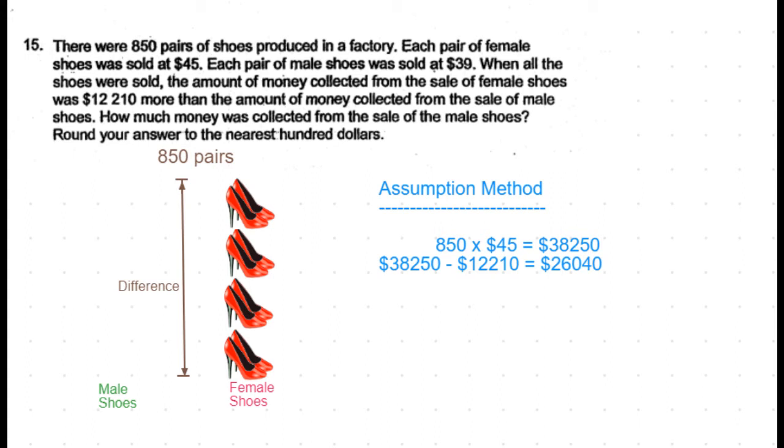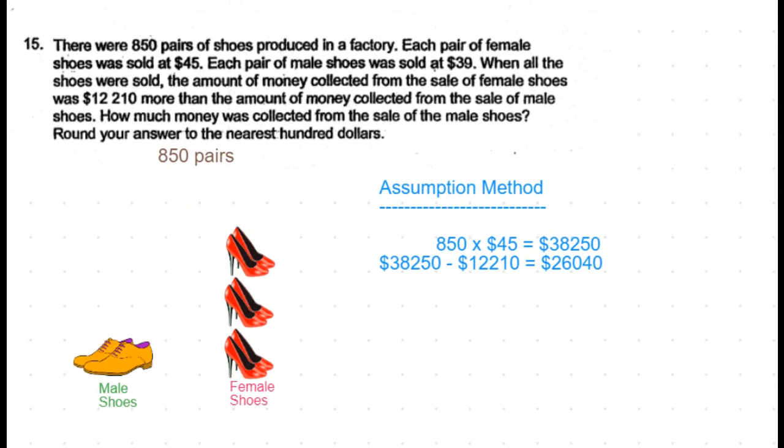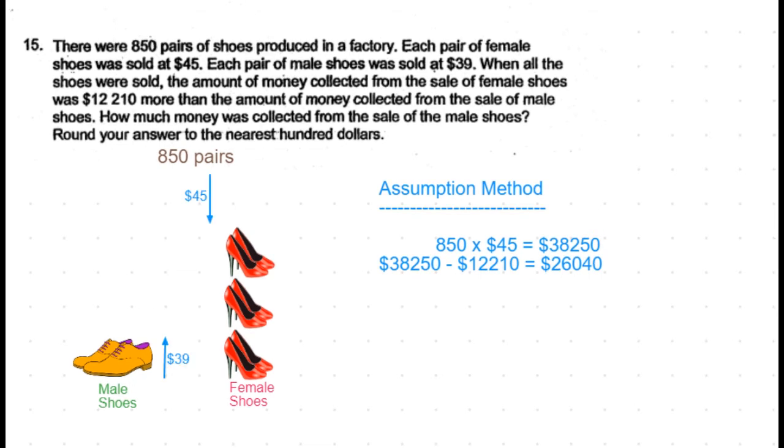So if we remove one female shoe and replace it with one male shoe, what happens? The difference reduces. It not only reduces by $45, which is the cost of one pair of female shoes, it also reduces by $39, which is the cost of one pair of male shoes.